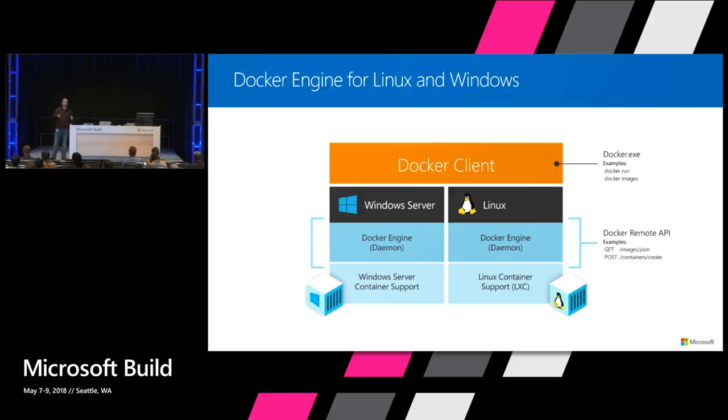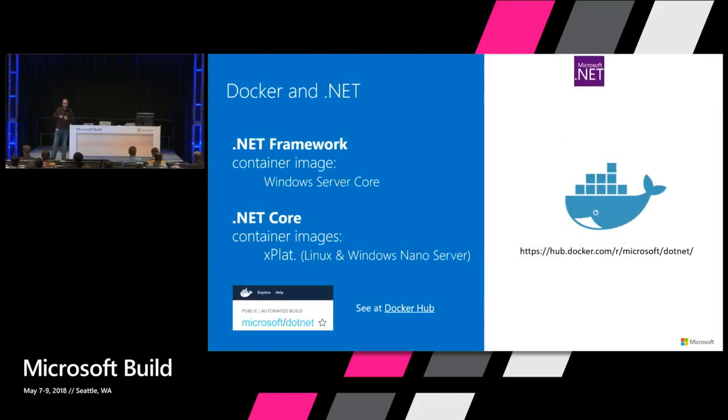And so you have both choices. And then we will talk later about side-by-side as well, that's coming as well. And finally, if we're talking about Docker and .NET, we have different images. An image is kind of the template of all the bits you need to deploy as a container.